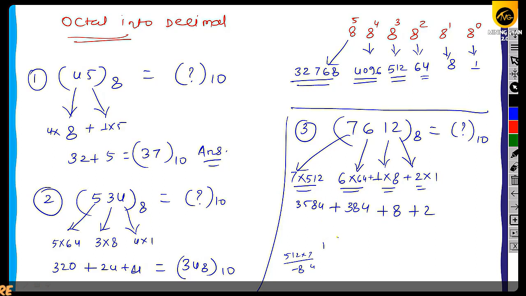Now add these numbers and you will get the final decimal form of 7612, which is in octal.